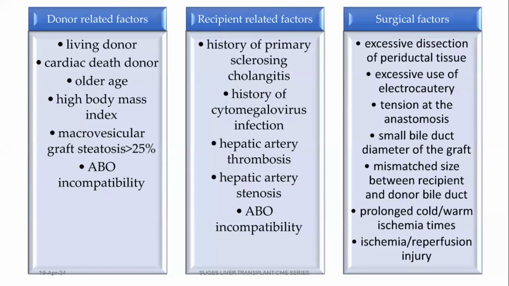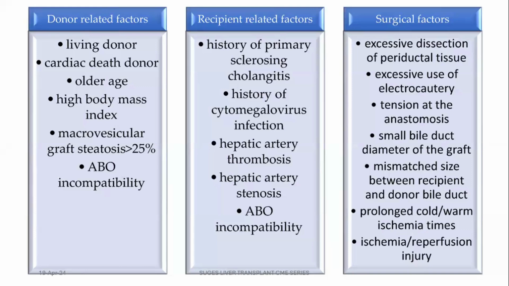If you have a patient who has had a cardiac death, the ischemic time becomes longer. People who are older, recipients who have a high body mass index, those who have macrovesicular graft steatosis, and then ABO incompatibility. These are all donor related.